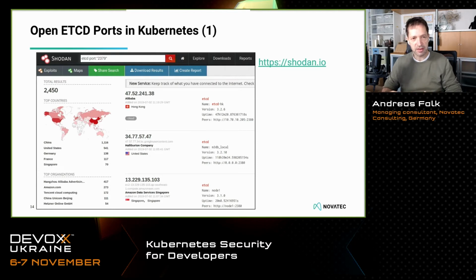So if the etcd database does not work anymore, your complete Kubernetes cluster does not work anymore. The complete configuration is inside there, and without configuration, your Kubernetes cluster would stop working. Also, all the secrets, all the credentials are stored in etcd as well. So that's why attackers also use that as a prominent target to attack Kubernetes.